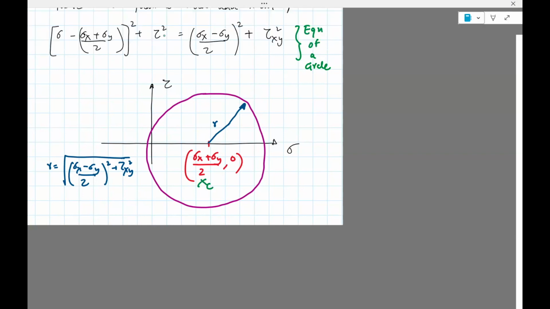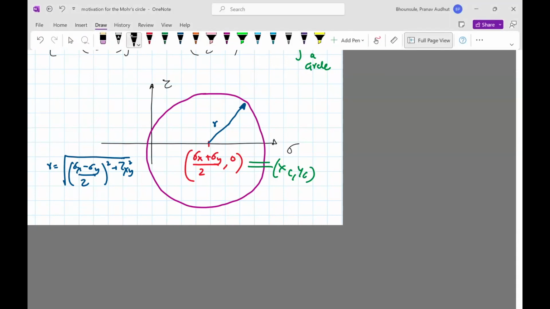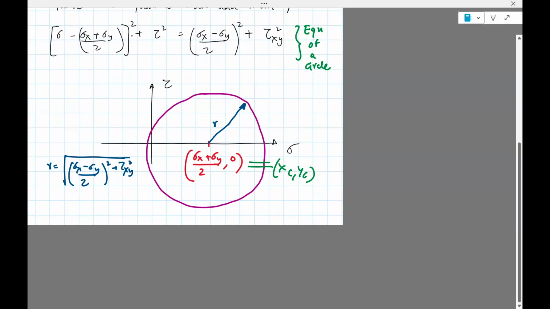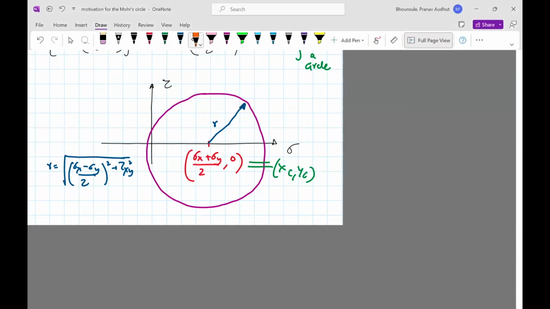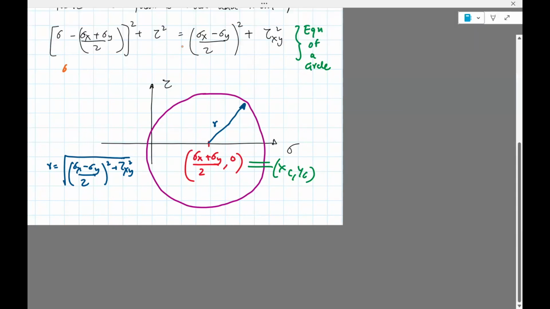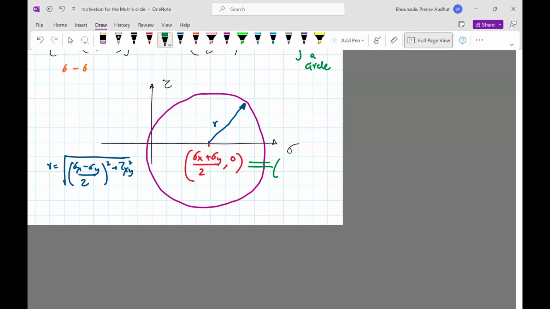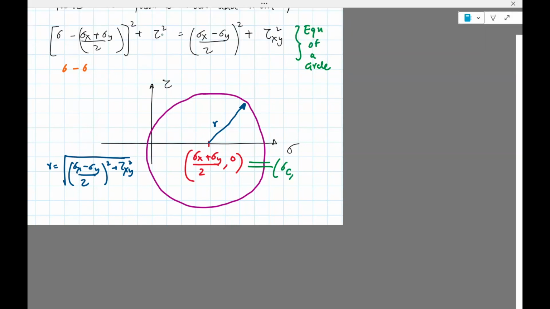So if this is the center of the circle, xc, yc, then this equation can be rewritten, and a better way to write it would be sigma c, 0.